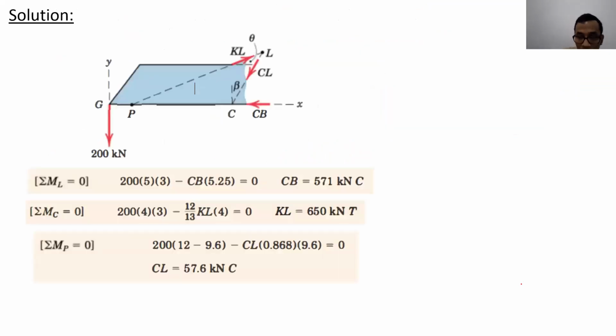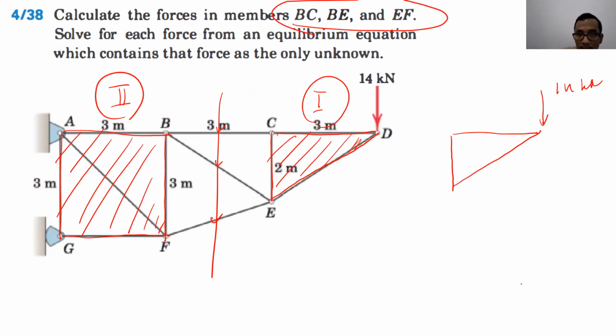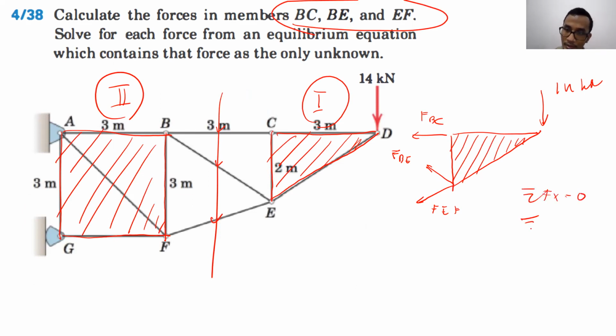We have FEF like this, FBE like this, and FBC like this. Okay, that's from the first free body diagram. You can solve it using sigma Fx equal to 0, sigma Fy equal to 0, sigma moment equal to 0. You can solve for these 3 unknowns.